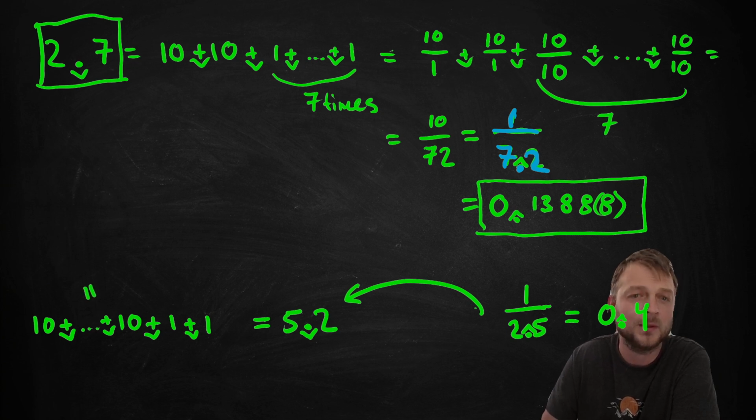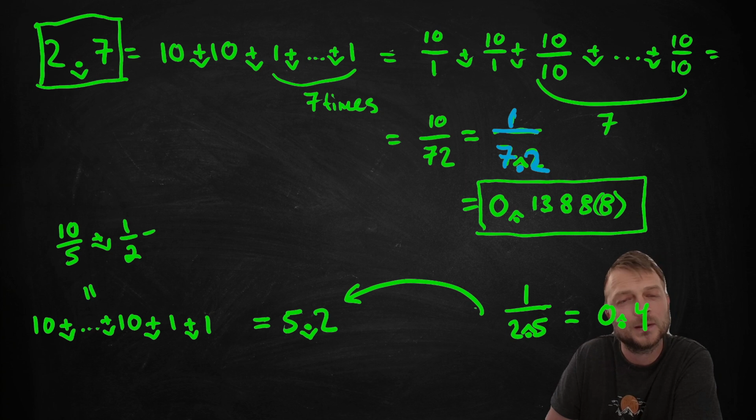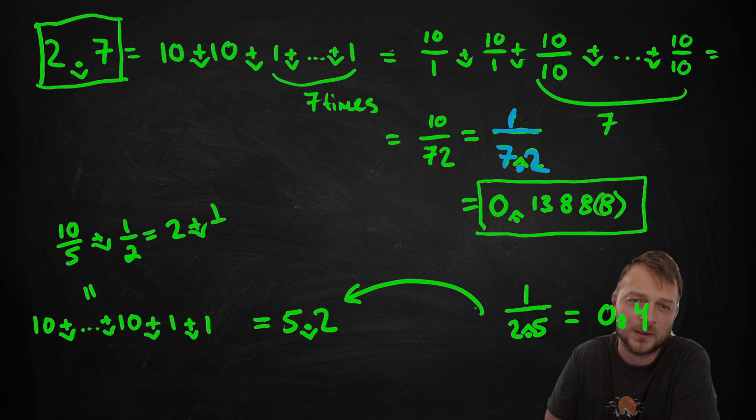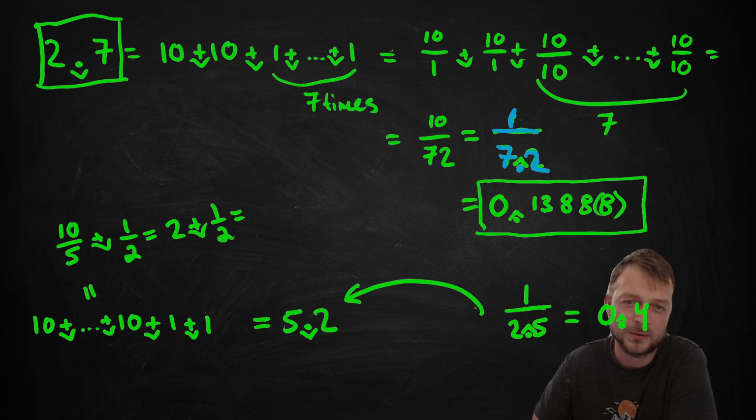Let's compute what is this. This is equal to 10 over 5 plus 1/2. Let's compute what is this. It's 2 plus 1/2. Rule of common numerator. So we have 2 over 1 plus 2 over 4.